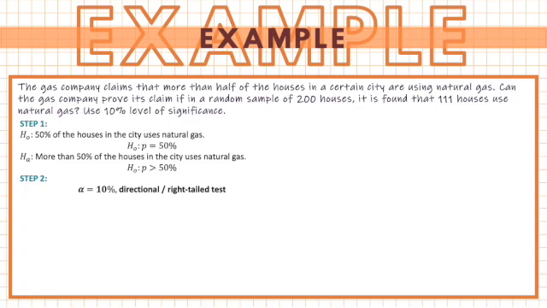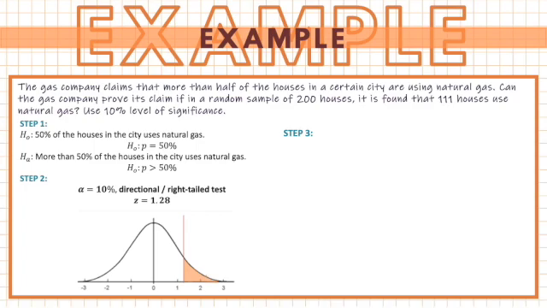So using our standard normal probabilities table, we can see that our critical z-value is at 1.28. So if a computed z-value falls beyond or greater than 1.28, then the decision must be to reject the null hypothesis. Moving on to step 3.